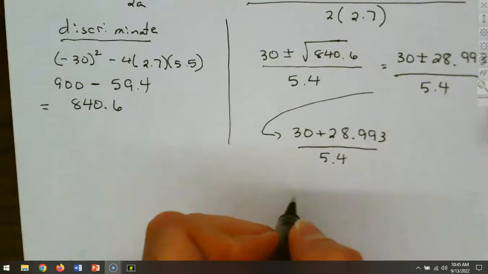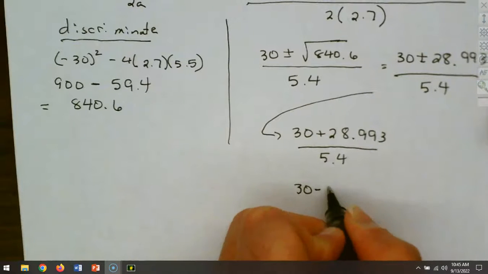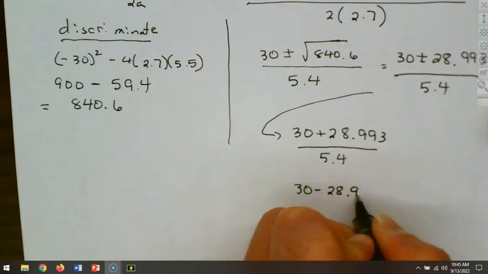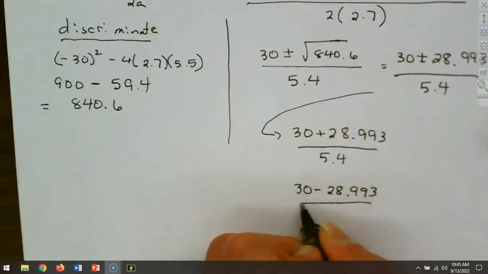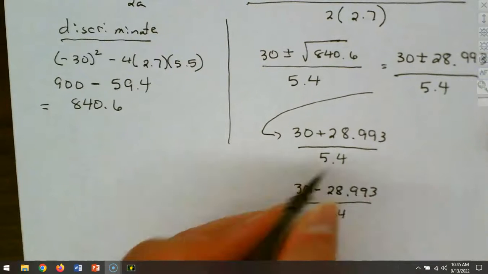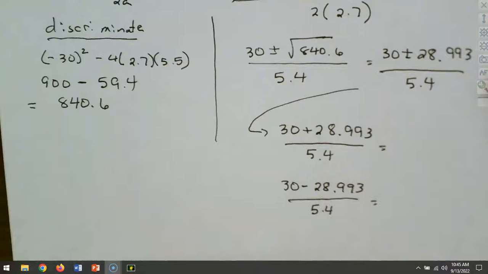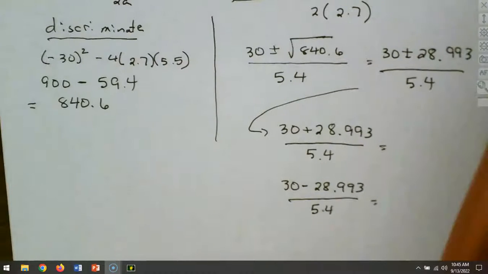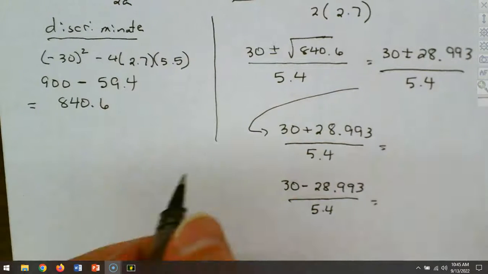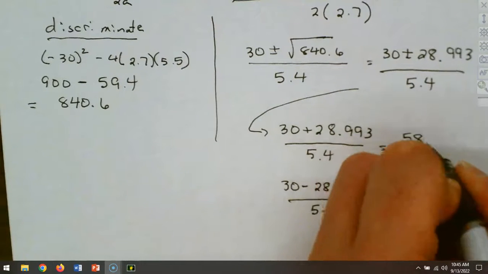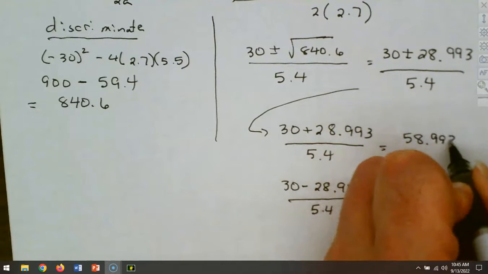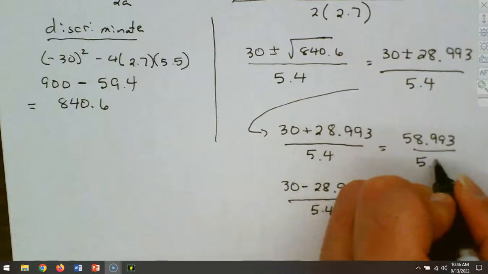What's the other one going to be? 30 minus 28.993 over 5.4. Add and divide here. Okay, so that's going to come out on the top here to be 58.993 over 5.4.